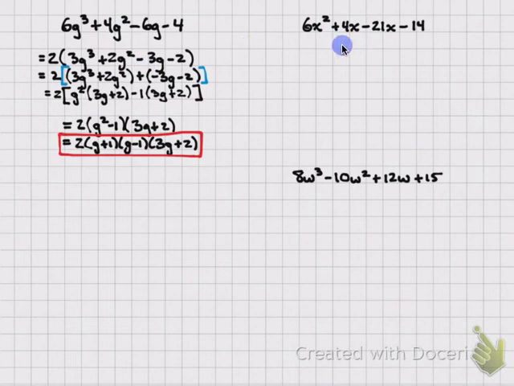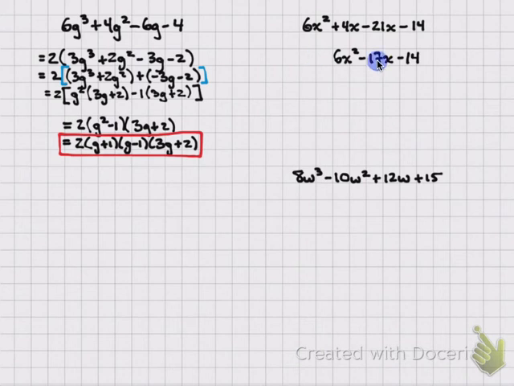All right, I'm looking at this polynomial right here, 6x squared plus 4x minus 21x minus 14, and I'm thinking, dude, we've got some like terms right here. Why don't we group these together? My initial gut reaction is to write this as 6x squared minus 17x minus 14.